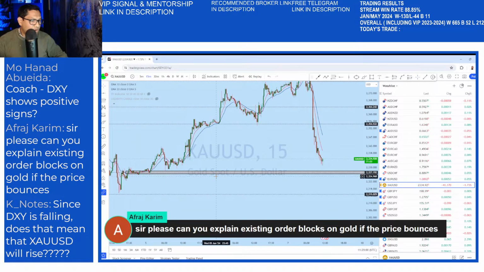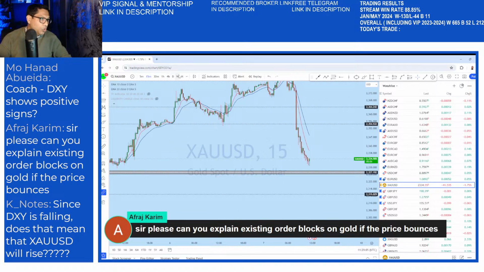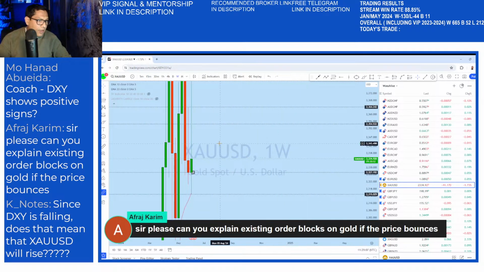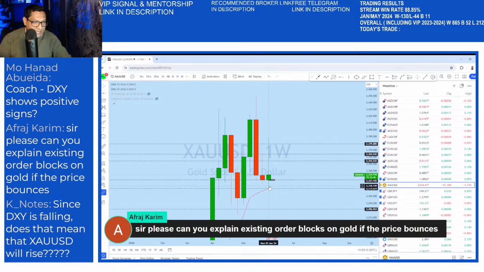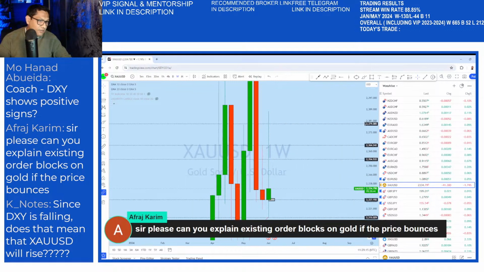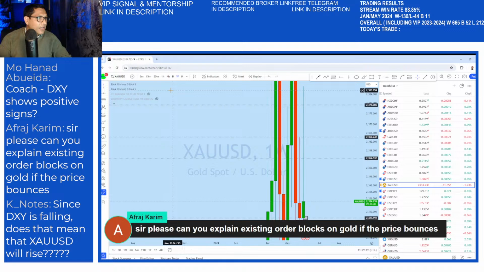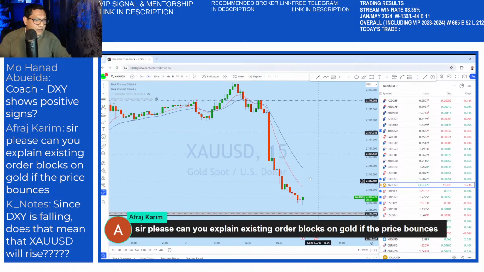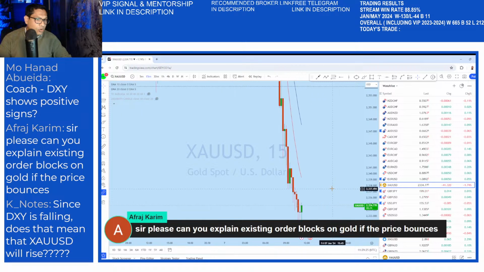This support that I have drawn is in fact an existing order block, which is the weekly support. And the market might test that and bounce, or even before testing, we could see a potential initial bounce.